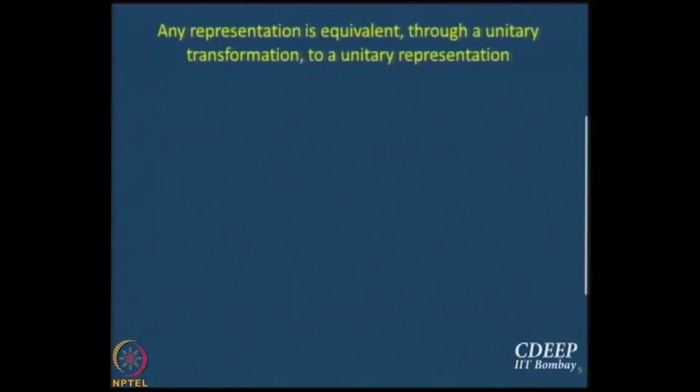I should say through an appropriate unitary transformation, not just any unitary transformation, and we will see what that means. In other words, you can generate a unitary representation from some other representation by using an appropriate unitary transformation. What is the meaning of appropriate?